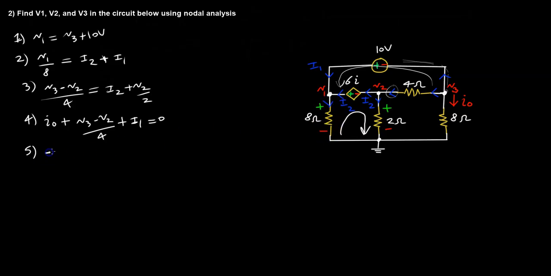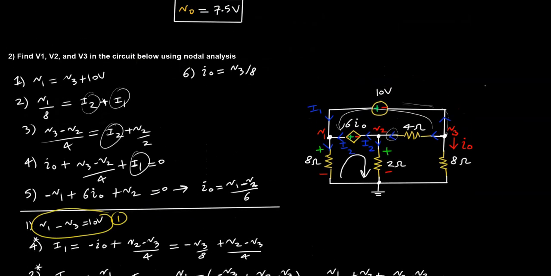We approach the dependent source from the positive side, so that's 6I0, and then we approach V2 from the positive direction, so that's V2, all equal to 0. I'm going to go ahead and simplify the equations after stopping the video.